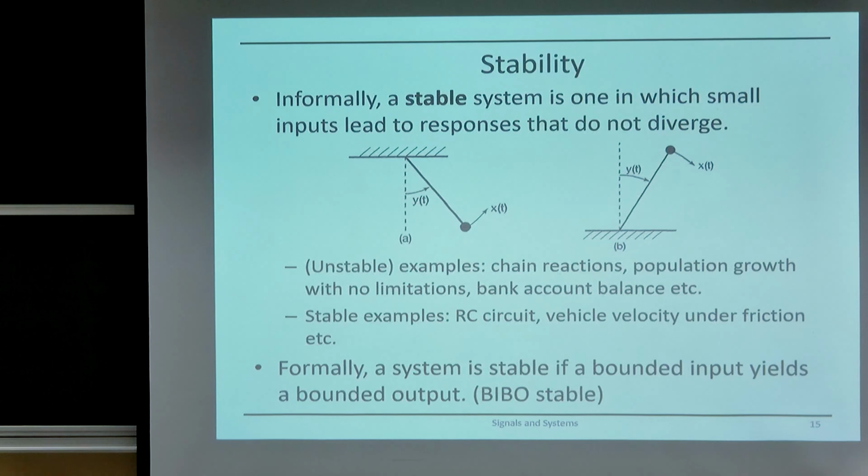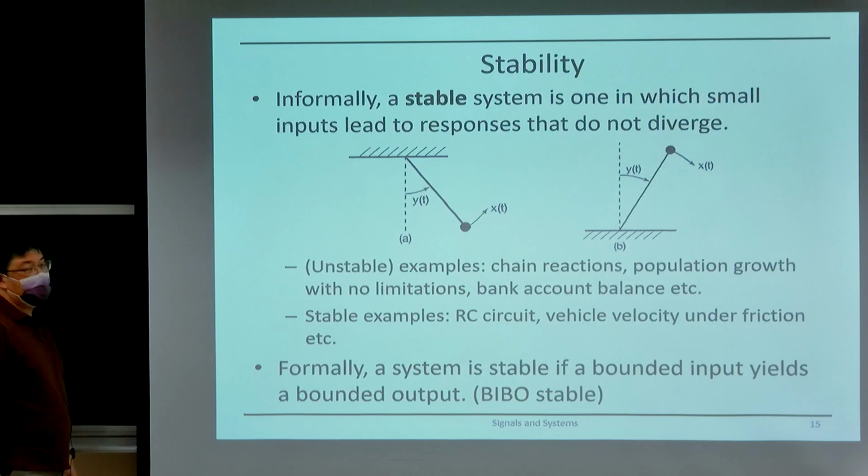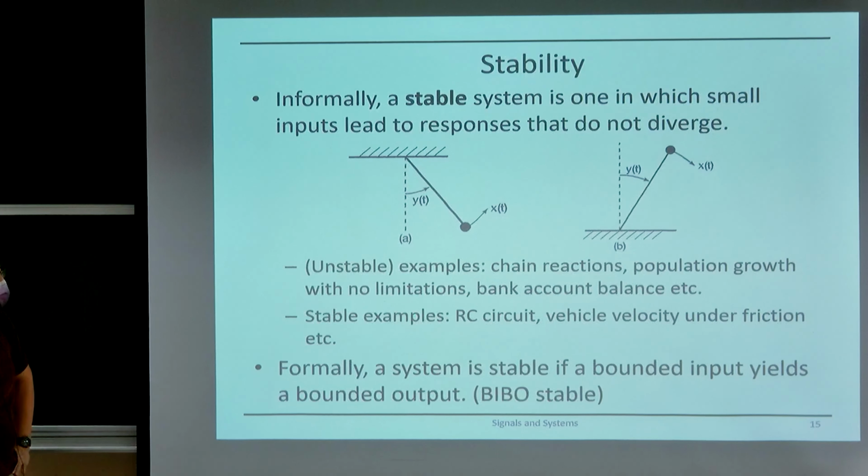Now, examples of stable systems are such as the RC circuit we showed before, where if the voltage across the capacitor is too large, it will discharge through the resistor.